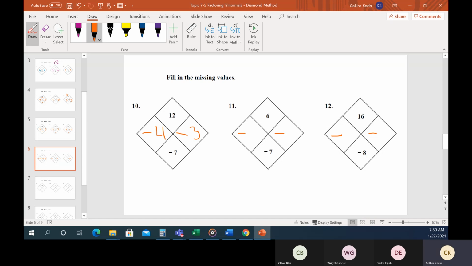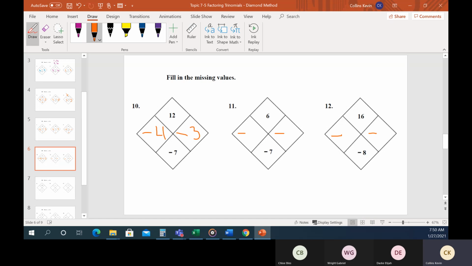So two numbers that multiply and give us 6. Well, 6 times 2 is 12.